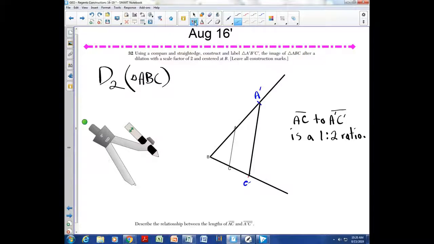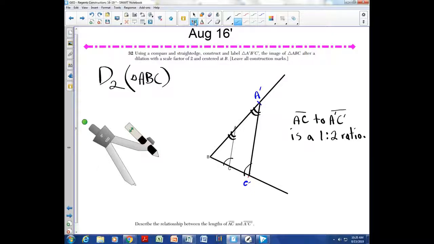Now, another thing that we know here is that dilations preserve angle measure, which means that angle BCA has to be congruent to angle BC prime A prime. And it means that angle BAC is going to be congruent to angle BA prime C prime.